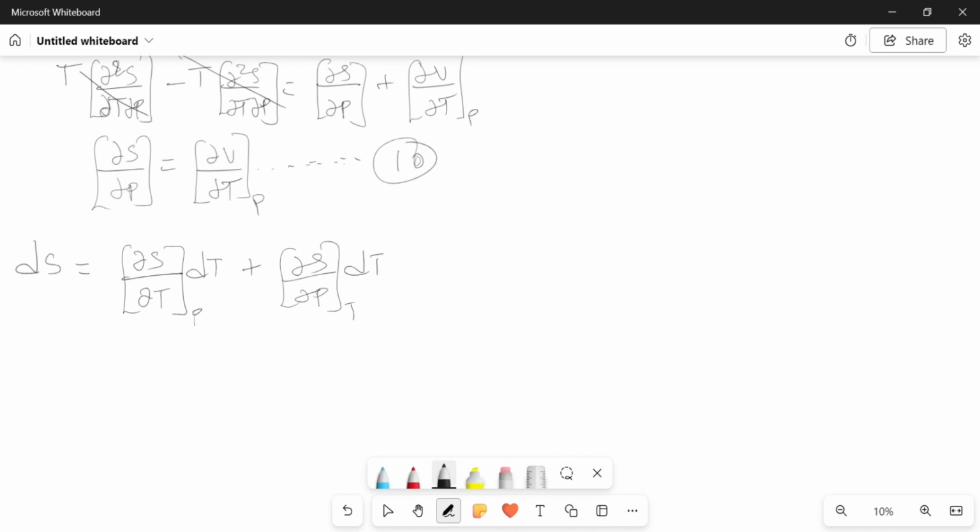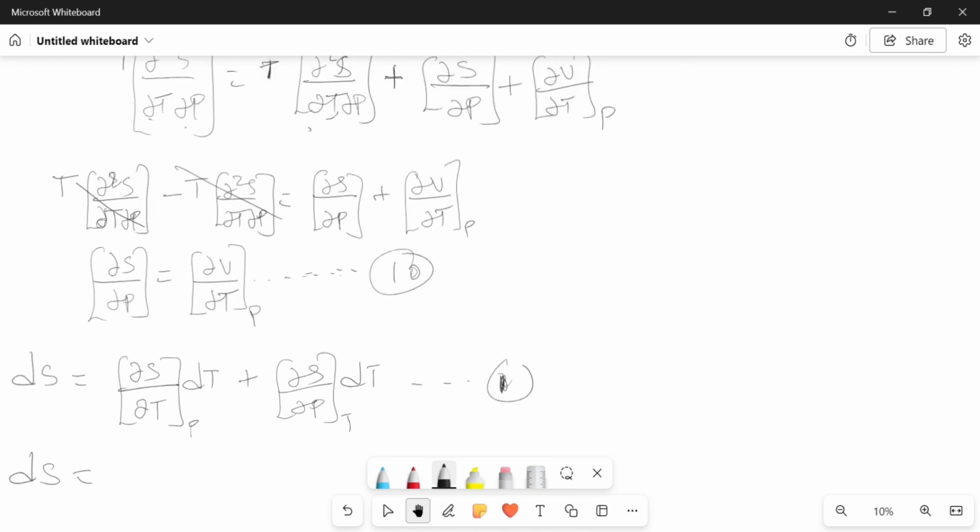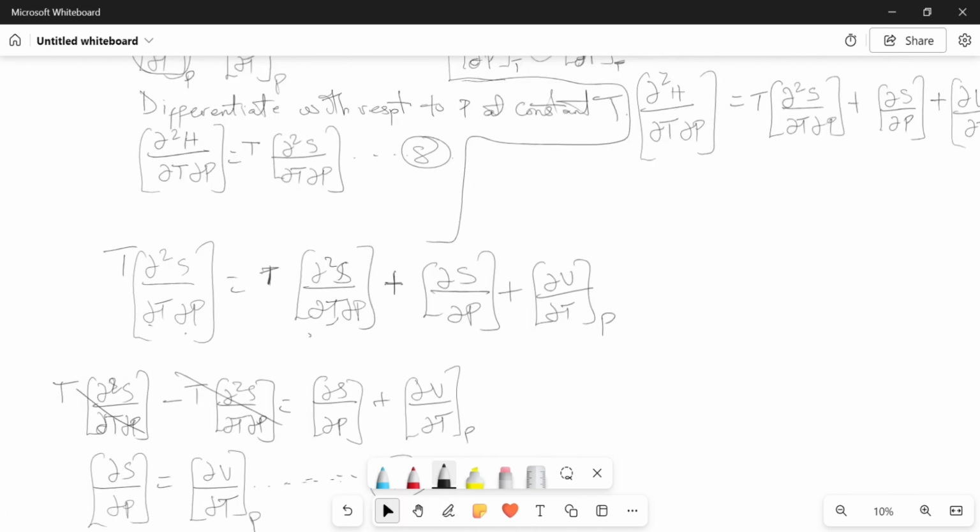So this is what we have for equation 1. So let's now start substituting one by one. So we can say ds is equal to, now going back to equation 7.